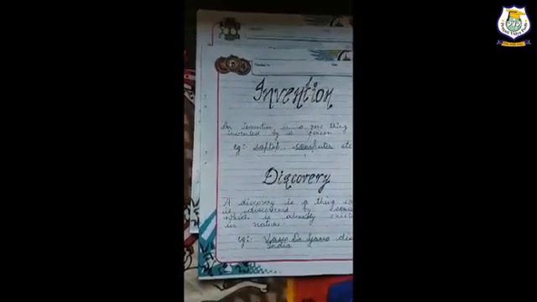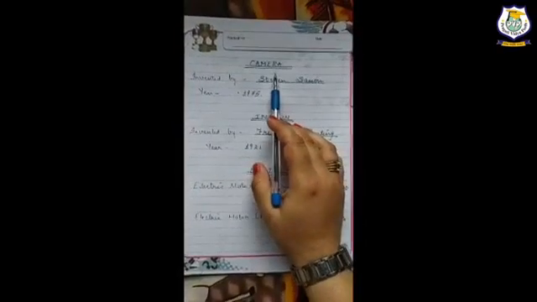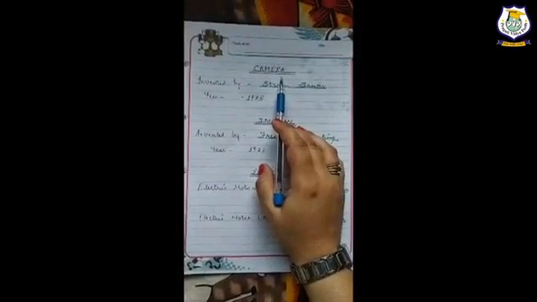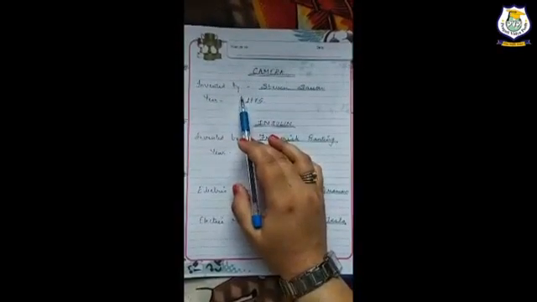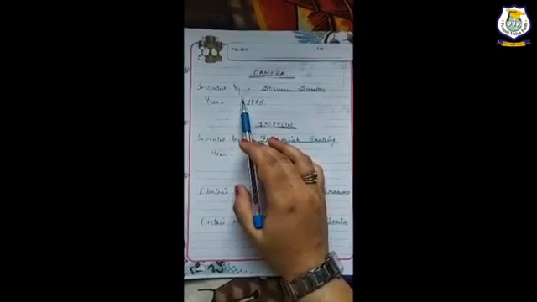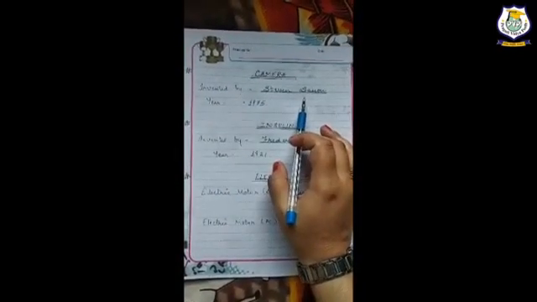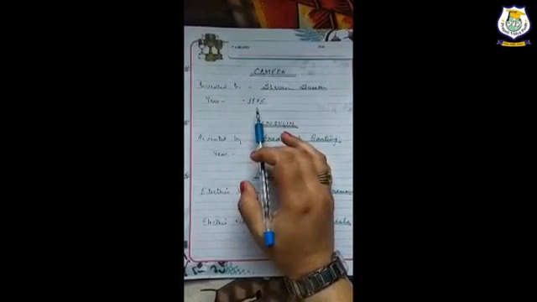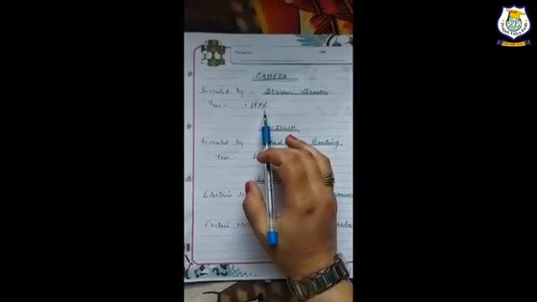Now, we see a next invention, that is camera. Students, you all have seen camera? Now, camera was first invented by Stephen Session in the year 1975.